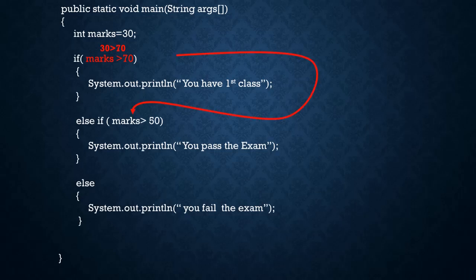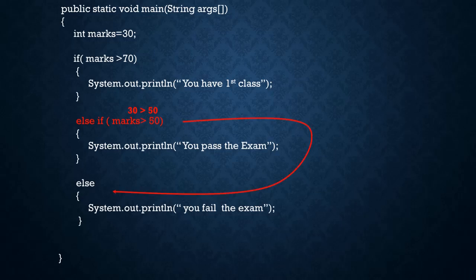Therefore, I come to the next stage, the else if part. Here I'm checking 30 is greater than 50. That's also false. You know, 30 is less than 50. Now I am coming to the else part. So that will be short, right? You fail.